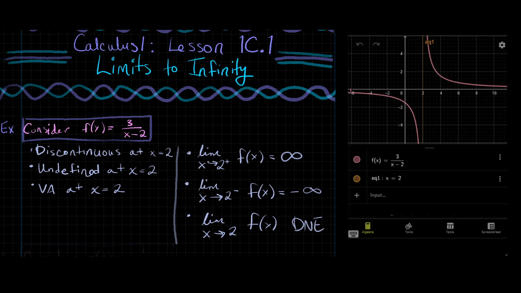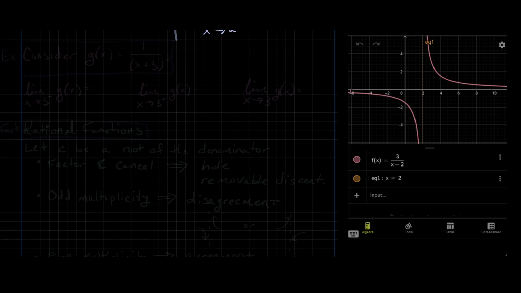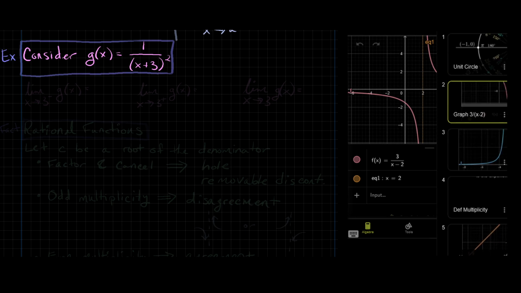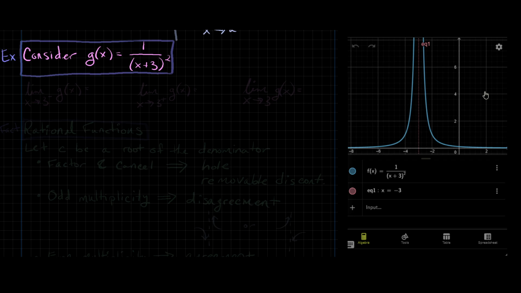Let's look at another example. Let's let g of x be 1 over x plus 3 squared. Here's our graph. Right?